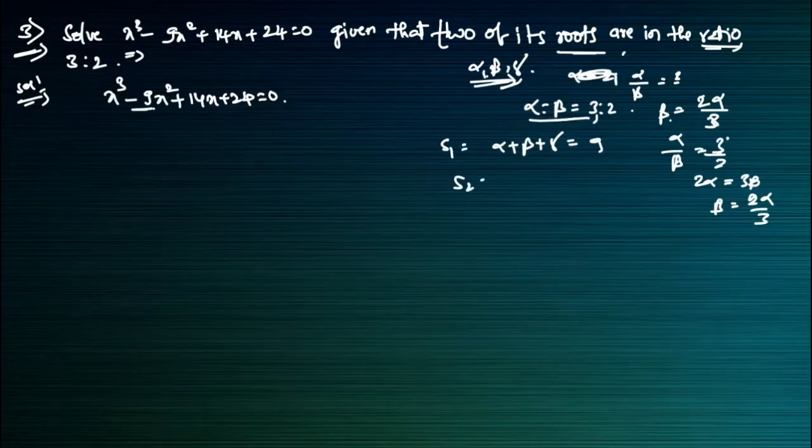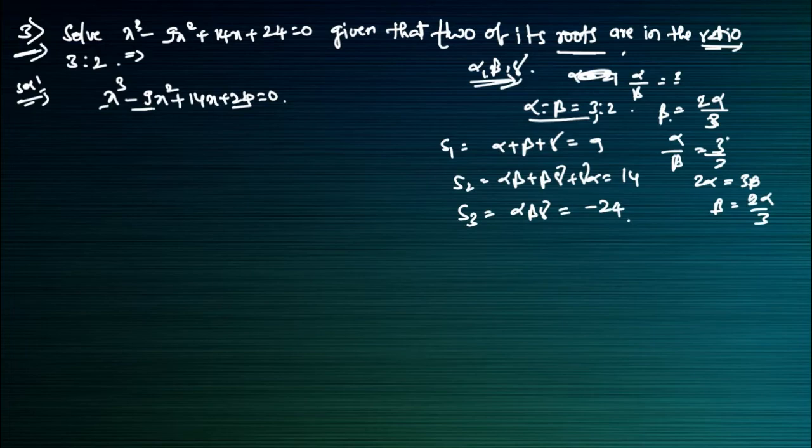Then s2 is alpha beta plus beta gamma plus gamma alpha is equal to c by a, so 14. And s3 is alpha beta gamma is equal to minus d by a, so minus 24 we will get here.